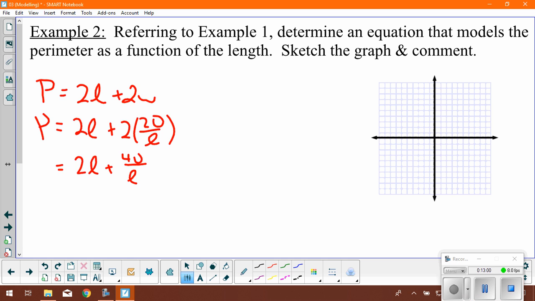Now, to help us use the skills we already have, let's get it all into one fraction there.